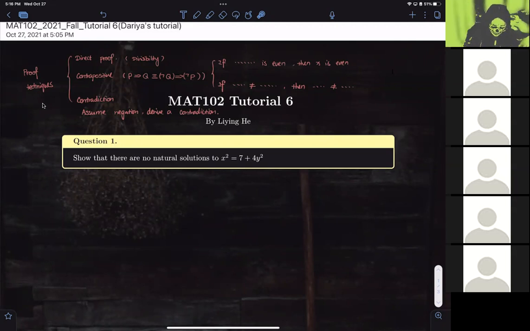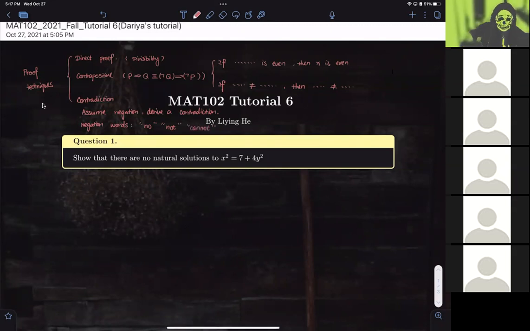Okay, so for contradiction, you are looking for some negation words. So when you see negation words in your question, such as no, there are no natural solutions, there are no rational solutions, there are no integer solutions, if you see something like that, you know it's contradiction, or something like we do not have this, or cannot.